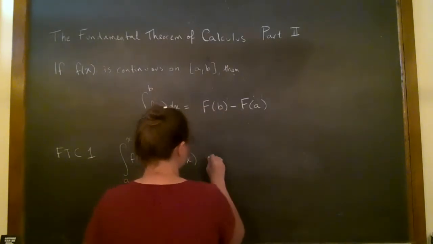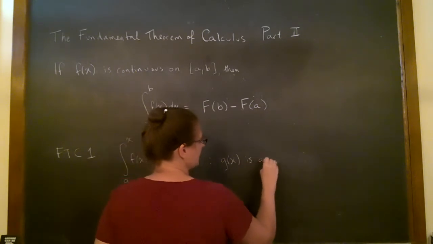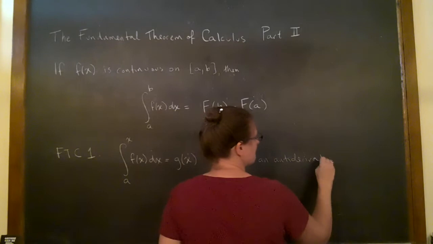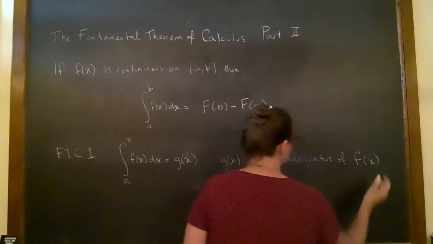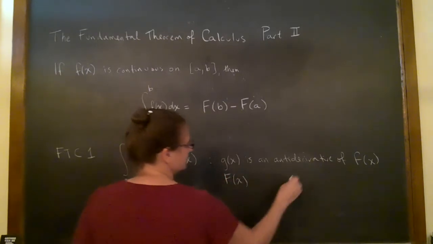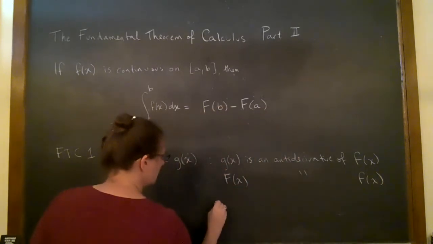So g is an antiderivative of f. Big F is also an antiderivative of little f.